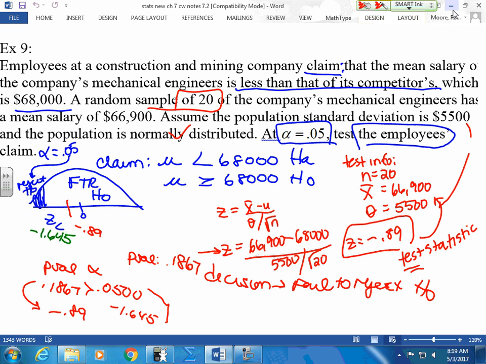I avoid this, because now I go right here and there's my decision staring at me. Make sense? But it is the same information I'm looking at. Either I'm looking at area or I'm looking at z-score. Okay? Let's try another one.